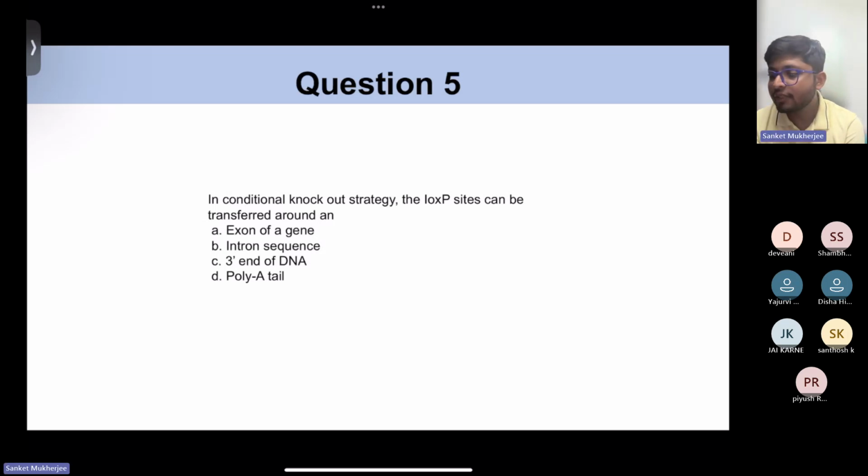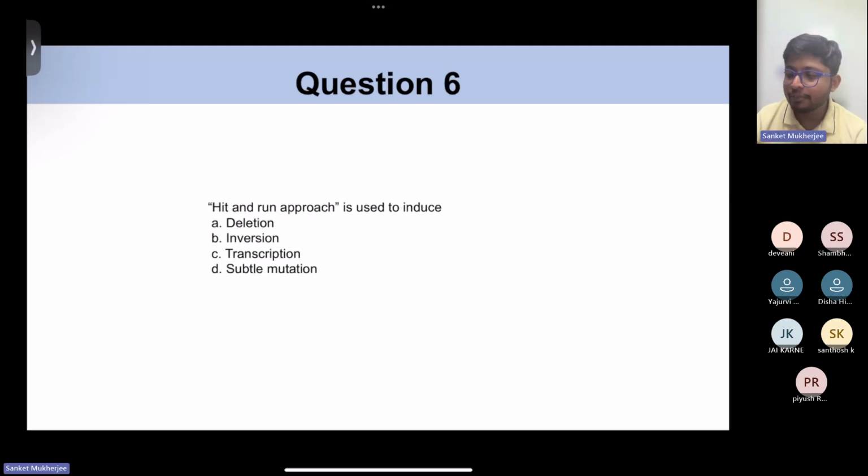Again, this is something we discussed today itself. LoxP sites are transferred around which part of a gene? Exon, intron, 3' end, or poly A tail? Exon of a gene. You are right. Exon of a gene would be the answer.